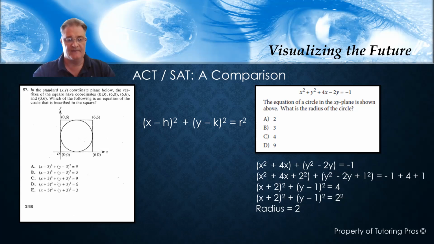And then that defines what the radius of the circle will be, which would be 3. The question on the left asks, which of the following is an equation of the circle that is inscribed in the square? Well, now we know that the radius is 3. You square that according to the equation here in the middle, and you know you've got a 9. So that eliminates E, D, and B.